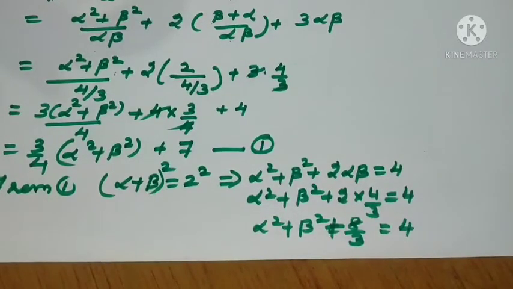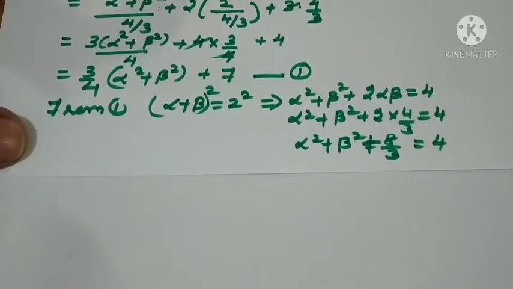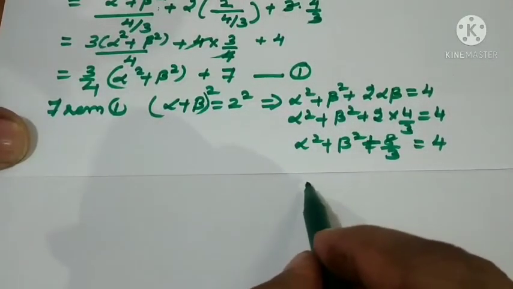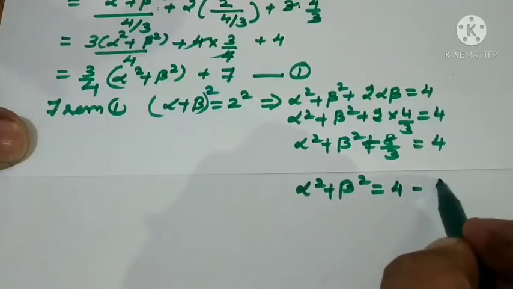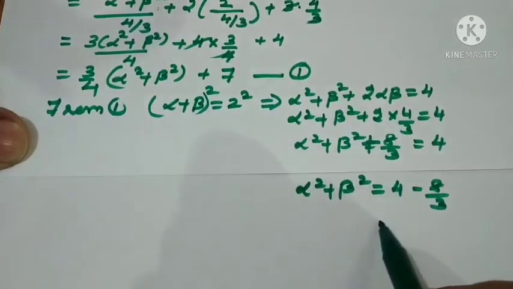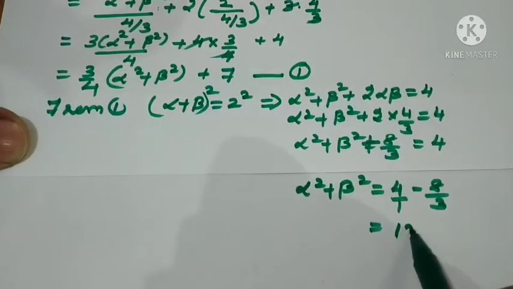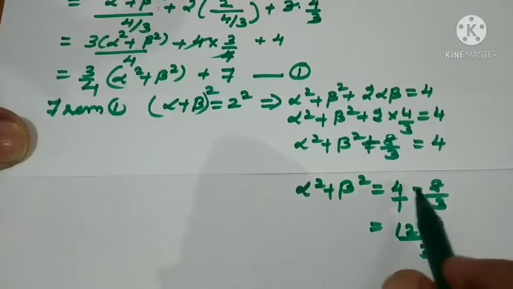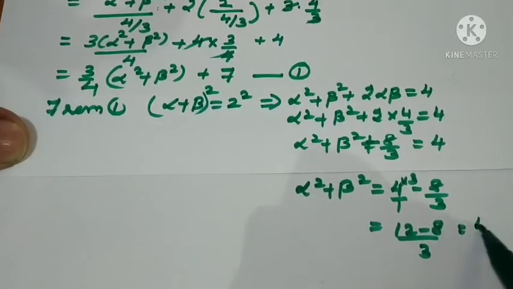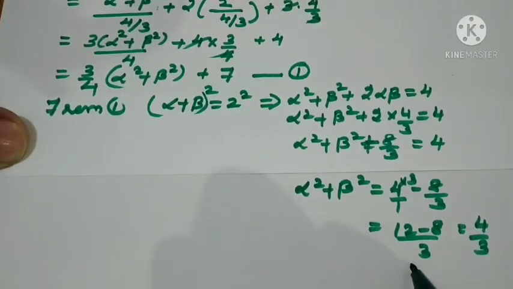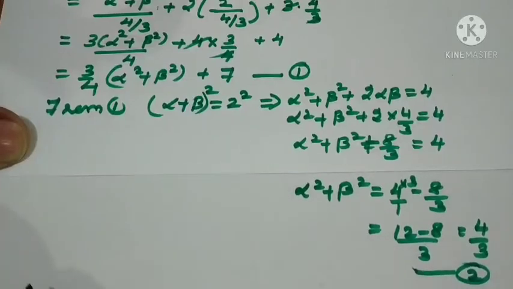Alpha square plus beta square equals 4 minus 8 by 3. Again LCM: 12 minus 8 by 3. What did we multiply here? 3. Right? 12 minus 8 is 4 only. Again, alpha square plus beta square we got as 4 by 3. So this is our equation number 2.